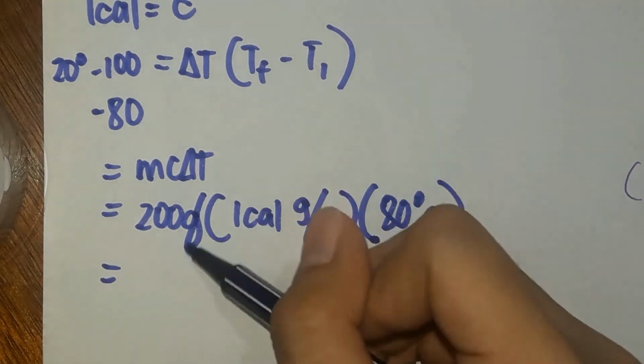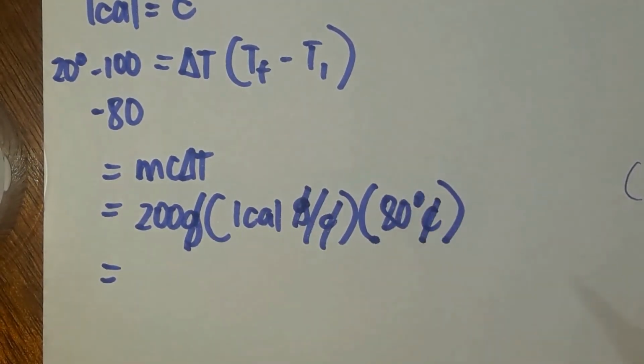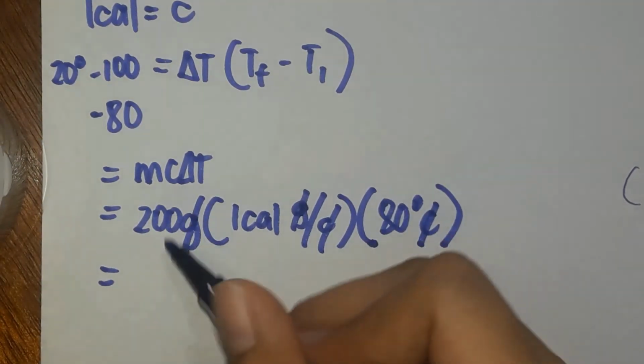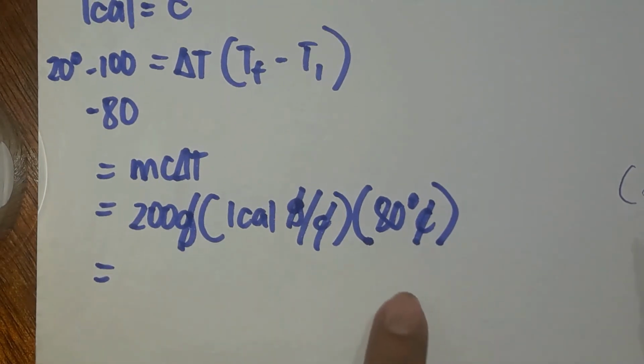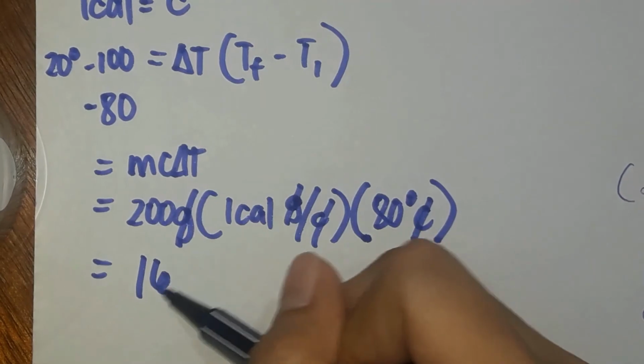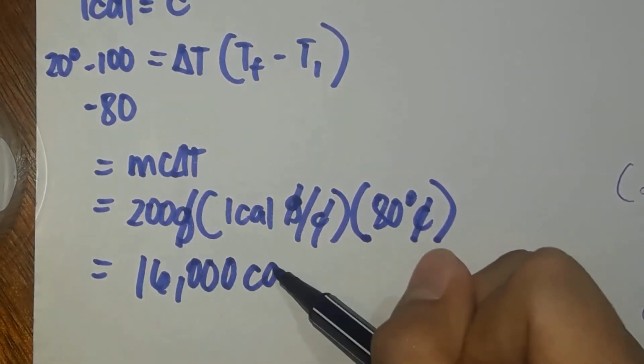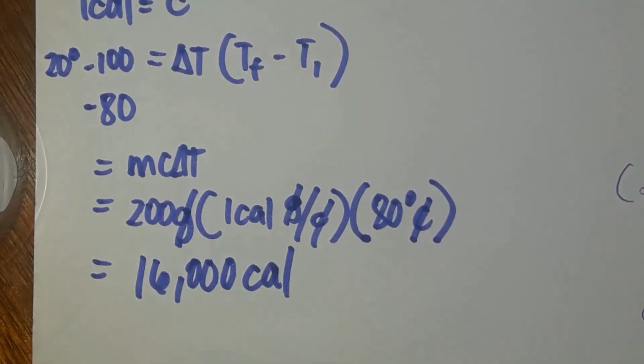Okay, now for our unit, let us cancel all the same units. We have 200 times 1 times 80. So we will have 16,000 calories. Okay, so that means 16,000 calories is given off by the 200 grams when it is cooled down from 100 degrees Celsius to 20 degrees Celsius.